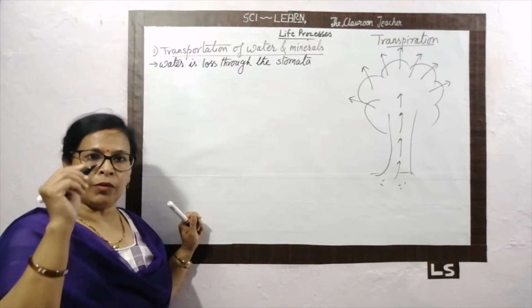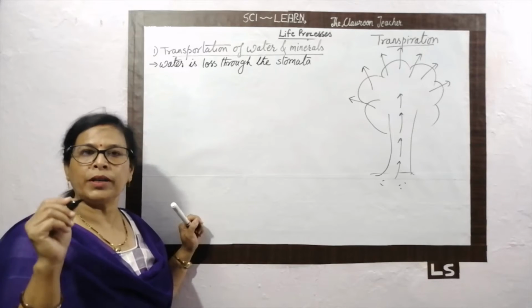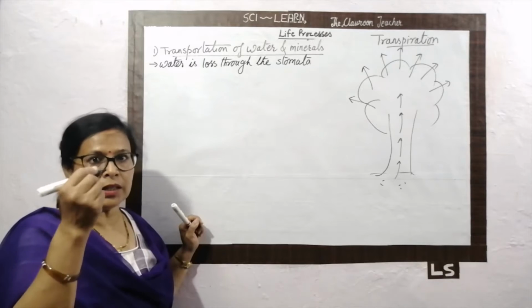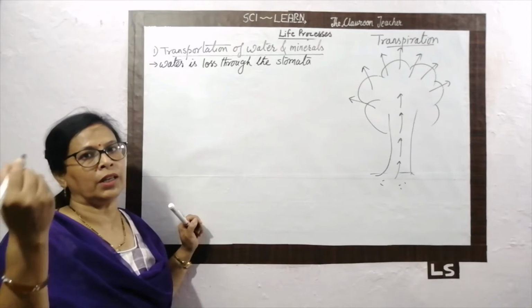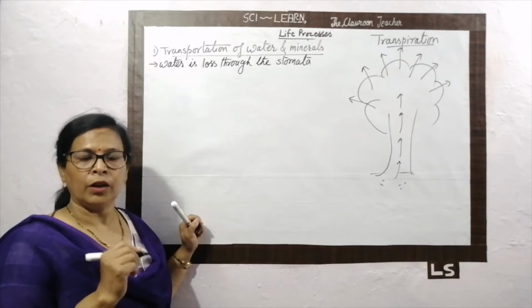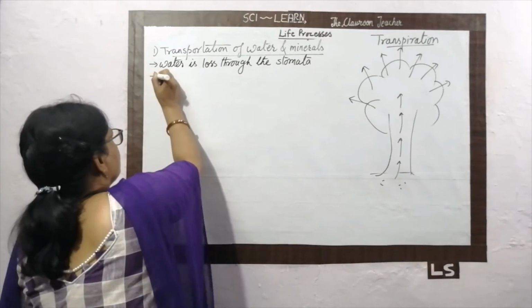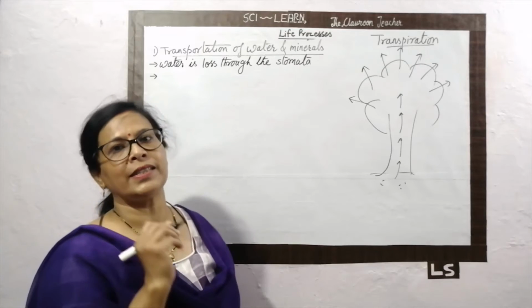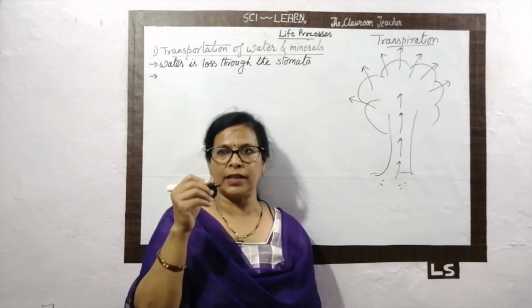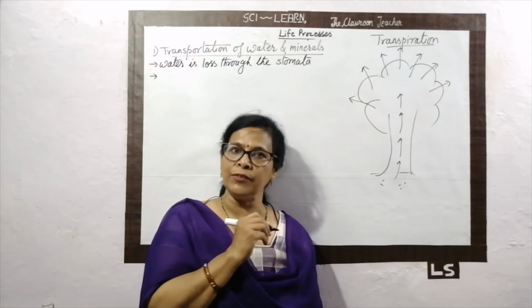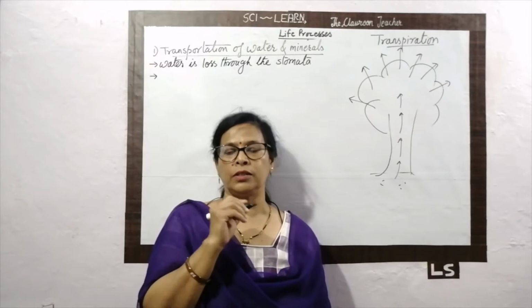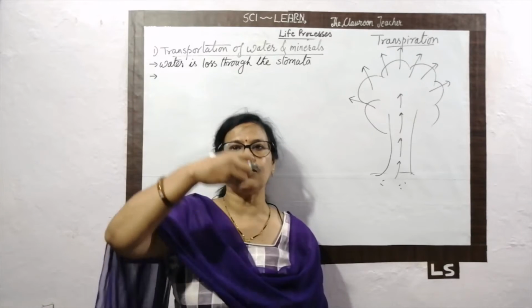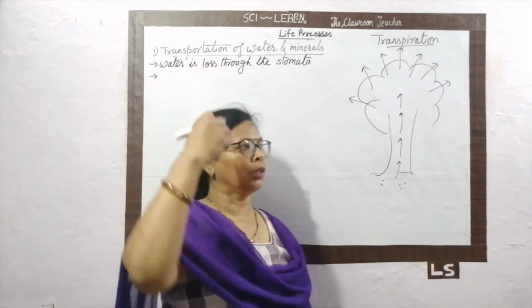Xylem vessels provide the water to the leaf, and stomata are present in the leaf, which eventually release the excess water from the leaf to the outer environment. Then what happens? Evaporation of water molecules from the cells or tissue of the leaf creates a suction force which pulls the water from xylem to the root.